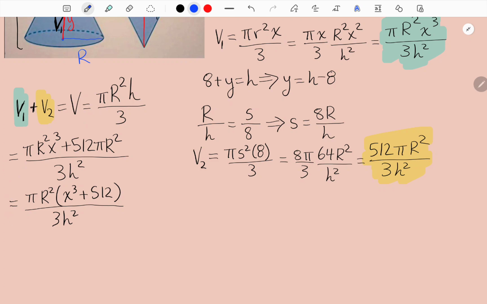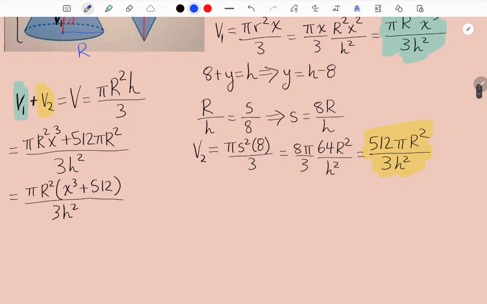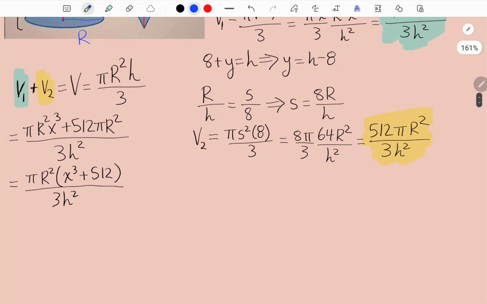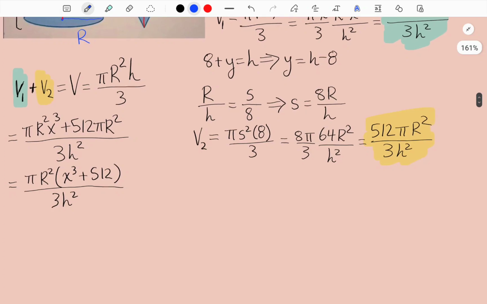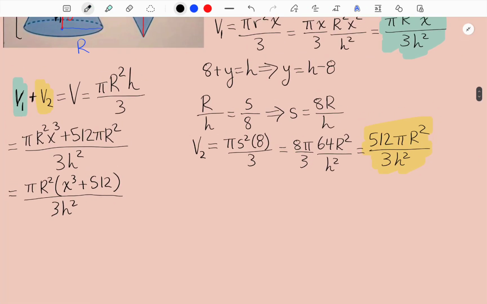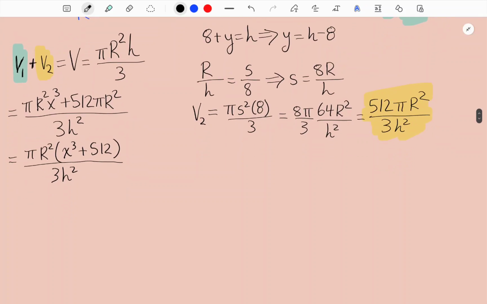We have pi r squared h over 3, and over here we also have pi r squared over 3. So what does that mean? It means that since this is equal to all of that, we can essentially divide pi r squared over 3 on both sides. We're allowed to do that. R is positive, so pi r squared over 3 is a positive number. We divide positive on both sides, no problem. Divide negative on both sides, no problem. Divide 0 on both sides, that's a problem.